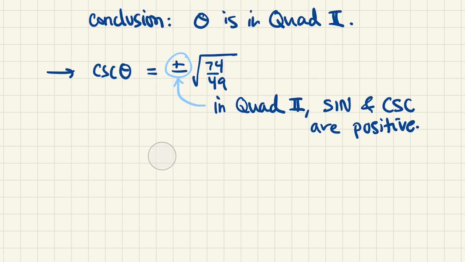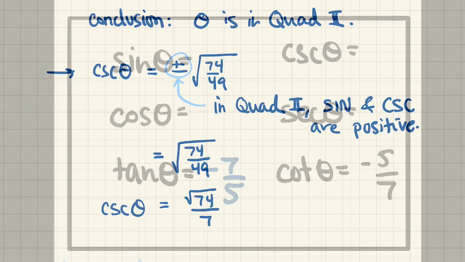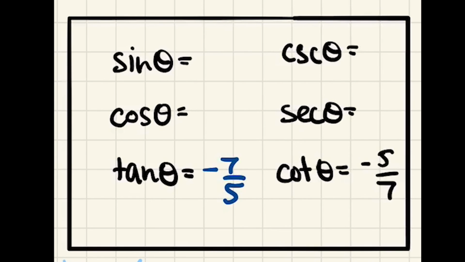So our answer here for cosecant will be positive rad 74 over 49. And distributing the radical, we have rad 74 over the square root of 49, which is 7. So there's our cosecant of theta. We'll write that in as our final answer here: cosecant of theta is rad 74 over 7.